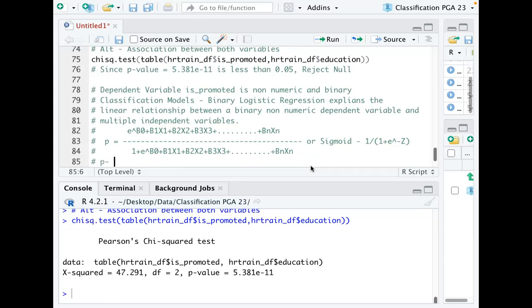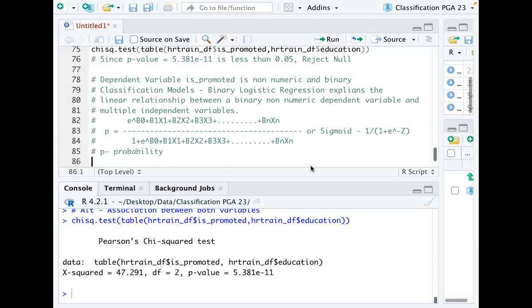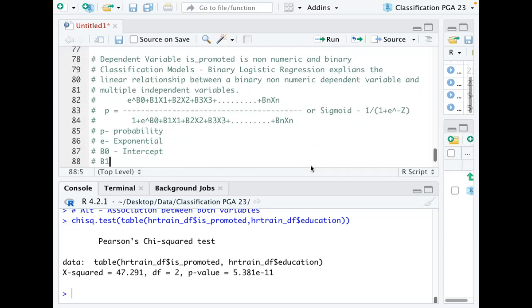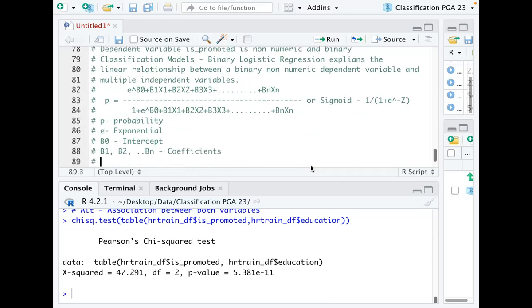So P is the probability, e is the exponential, beta 0 is the intercept, beta 1, beta 2 till beta n are coefficients, and x1, x2 till xn are independent variables.